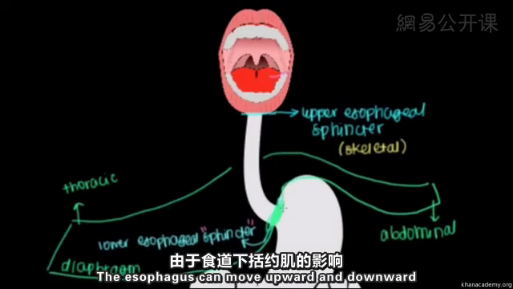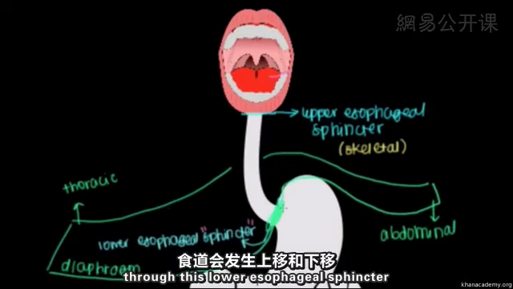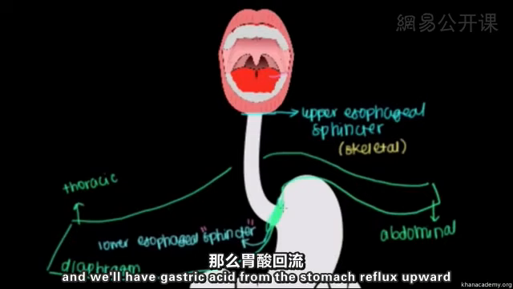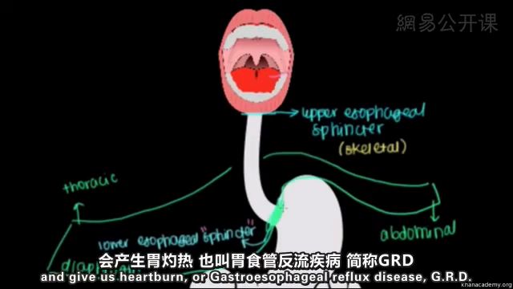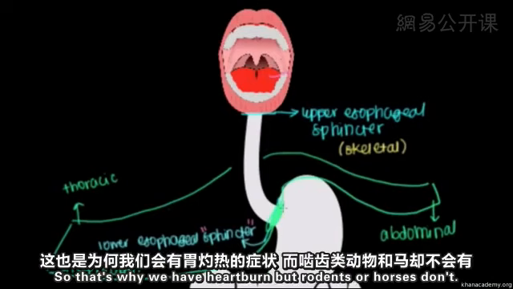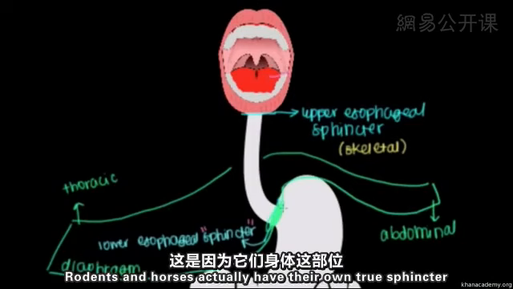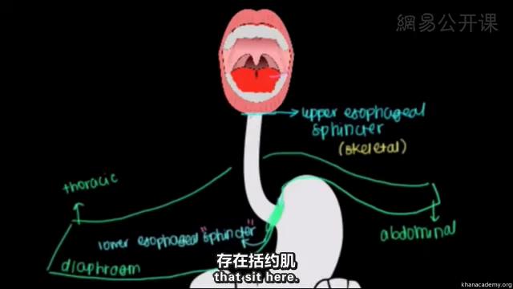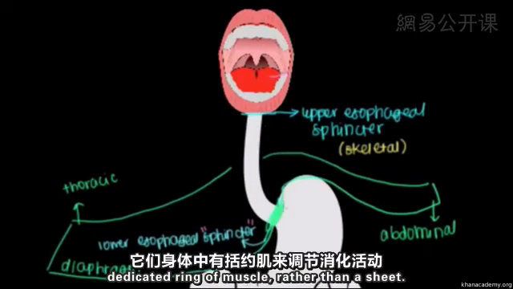The esophagus can move upward and downward through this lower esophageal sphincter, and we'll have gastric acid from the stomach reflux upwards and give us heartburn or gastroesophageal reflux disease, GERD. So that's why we have heartburn, but rodents or horses don't. Rodents and horses actually have their own true sphincter that sits here. So instead, they have an actual dedicated ring of muscle rather than a sheet.